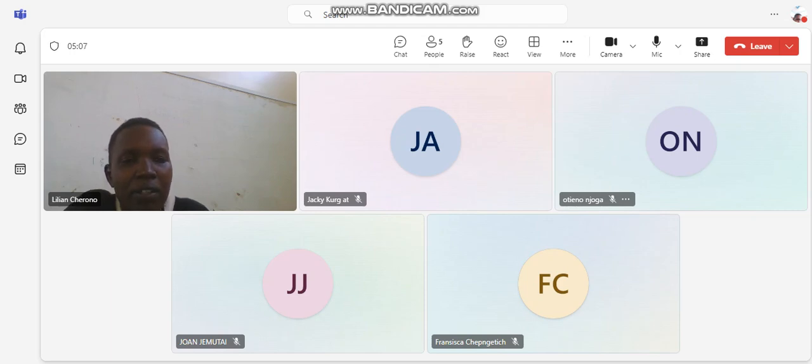So in microbiology, we have two types of staining. We have simple staining and we have indirect staining. Simple staining involves the use of a single dye to color the cell structure and tissues of microorganisms.